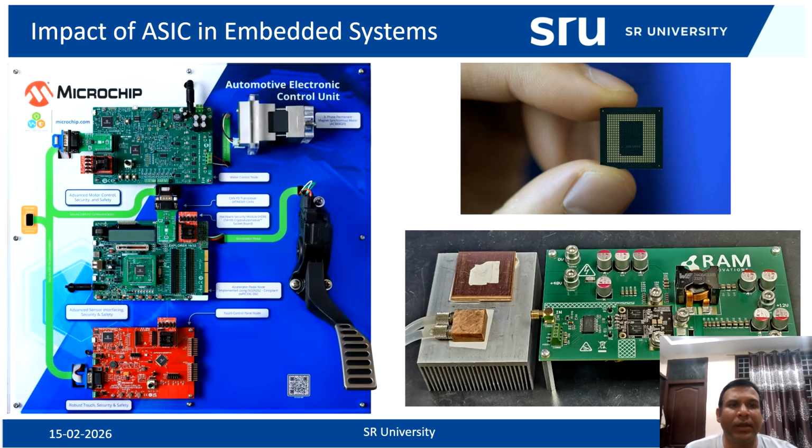Now, coming to the next slide, that is the impact of ASIC in embedded systems. Here you can see I have shown a few samples of application-specific integrated circuits, which in real-world applications we are using in different devices.